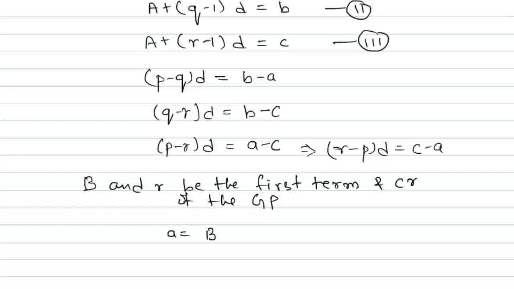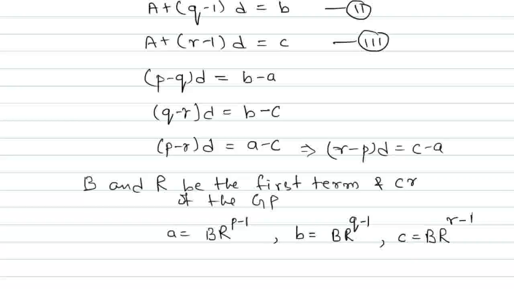Small r is already used, so we will take this as capital R. Then b will be equal to B into R to the power Q minus 1, and c will be equal to B into R to the power R minus 1.